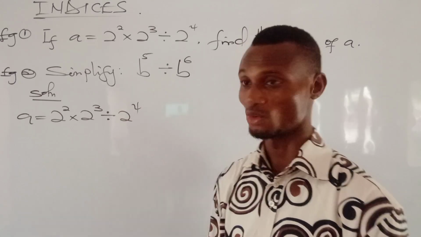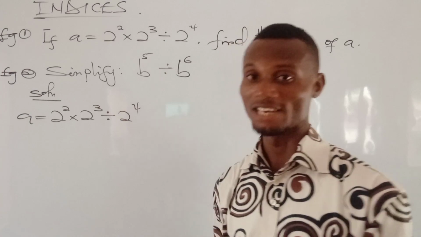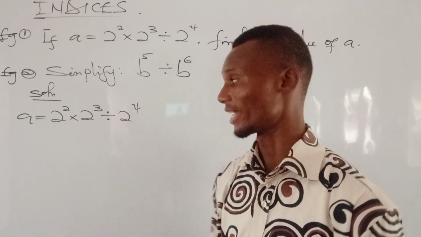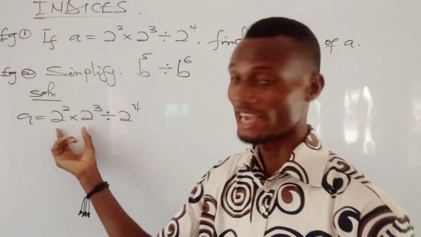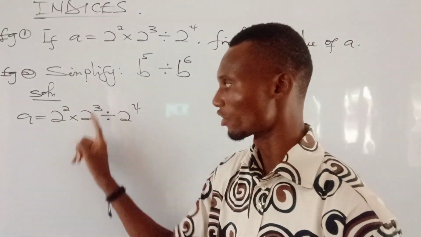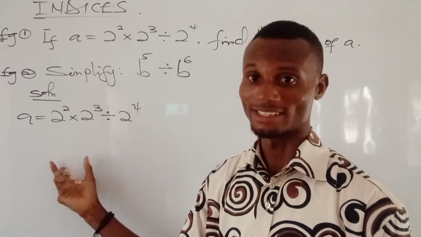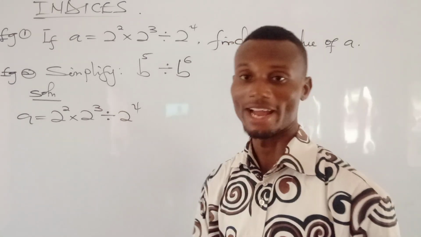Nothing difficult about it. So we are going to apply our multiplication and division laws of indices that we learned in the previous videos. How we are going to simplify this one is that we are going to do the first two. So we are going to do the 2 to the power 2 times the 2 to the power 3 first, using the multiplication law of indices, then the answer we get, we'll join it with the last one, then we simplify further.